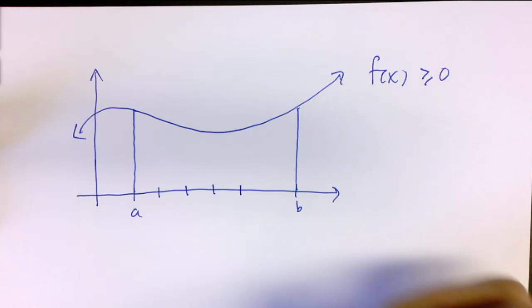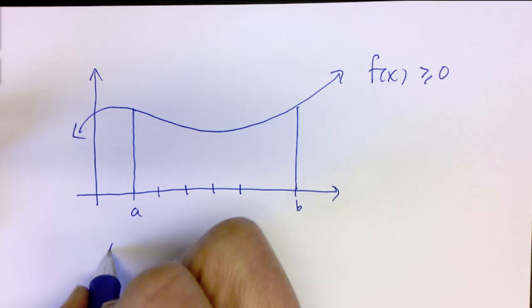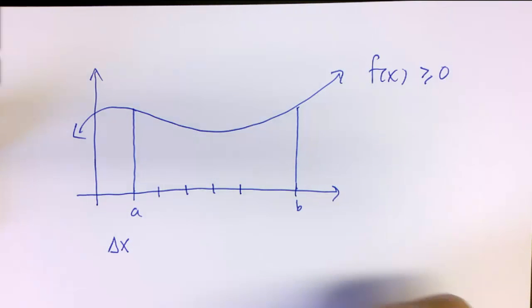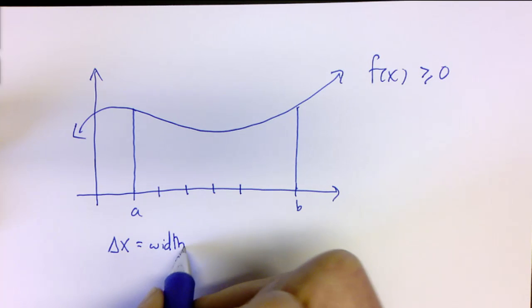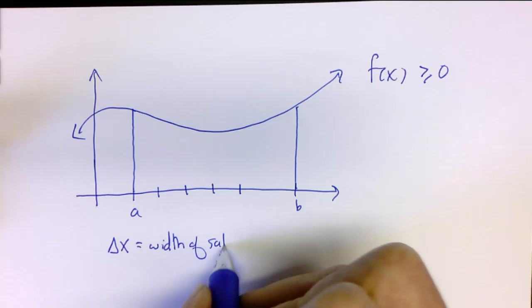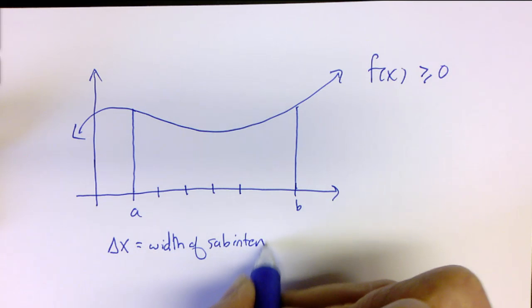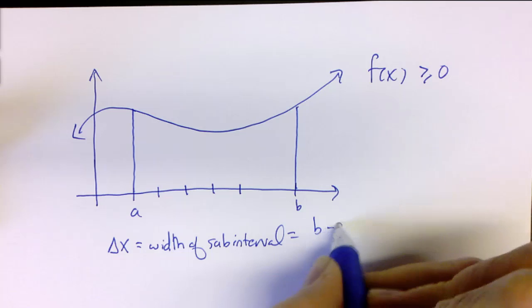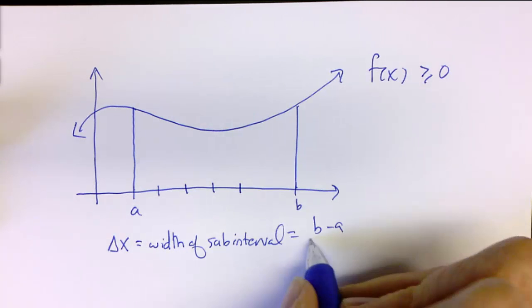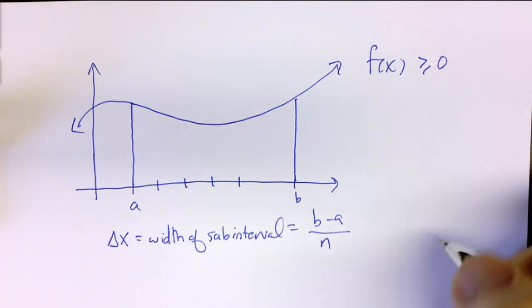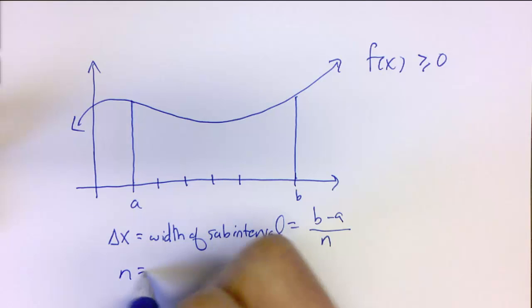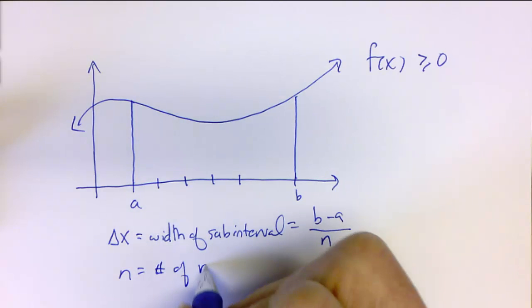All right. So the way we determine the width of each of these subintervals is we're going to say delta x, or the change in x, or the width of each subinterval, is equal to the length b minus a divided by n, the number of rectangles I want to make.